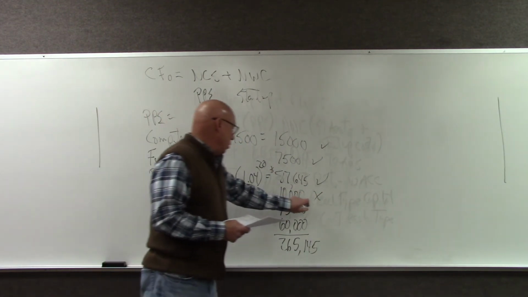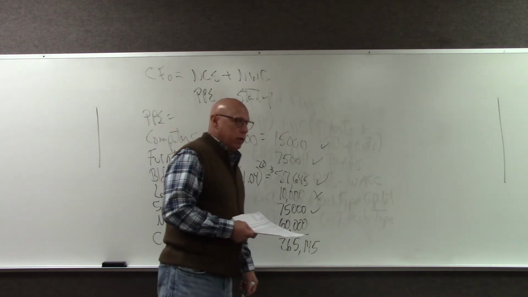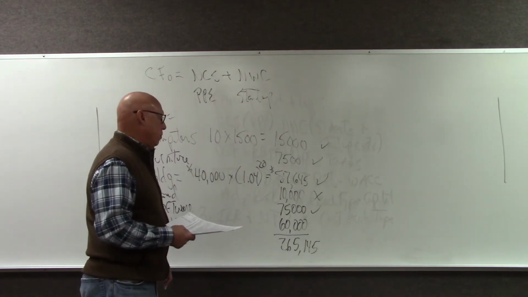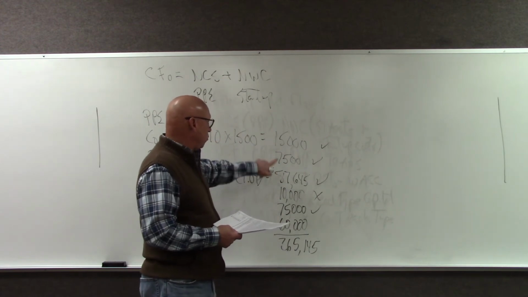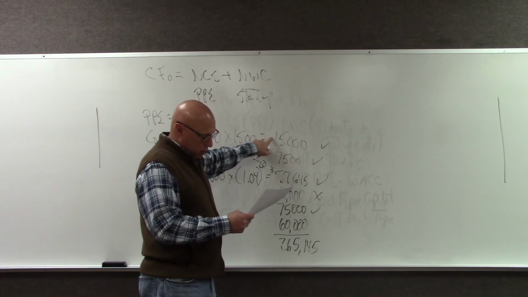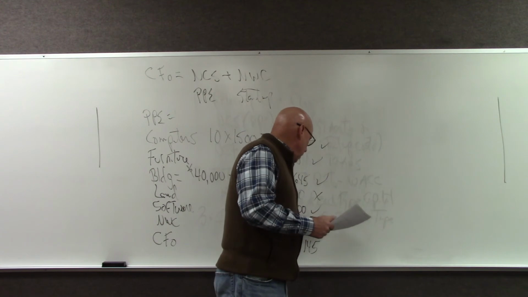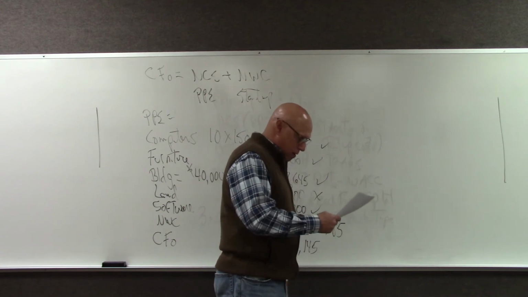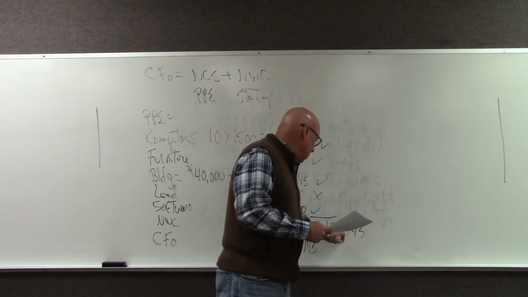We are going to depreciate the software, and we do not depreciate the net working capital. So we have 75,000 plus 87,645 plus 7,500 plus 15,000, and so we come up with 185,145. That's the amount we're going to depreciate.